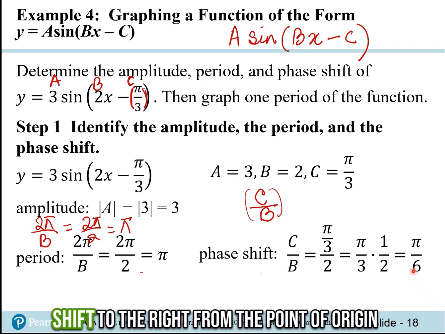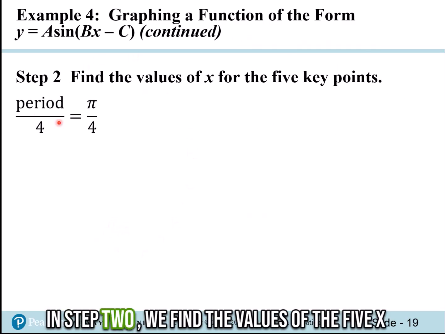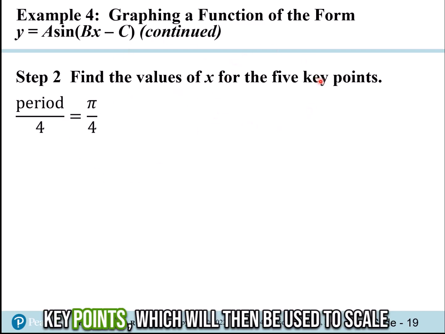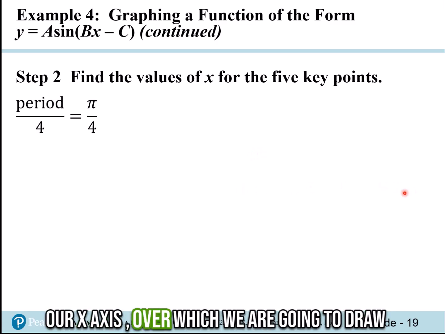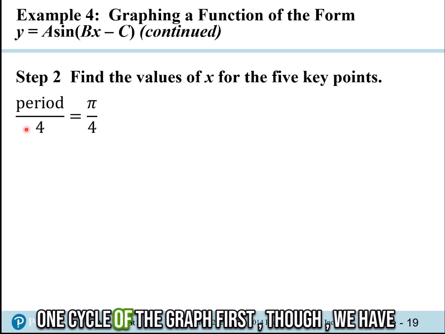It's going to shift to the right from the point of origin. In step 2, we find the values of the 5 x key points, which will then be used to scale our x-axis, over which we are going to draw one cycle of the graph.